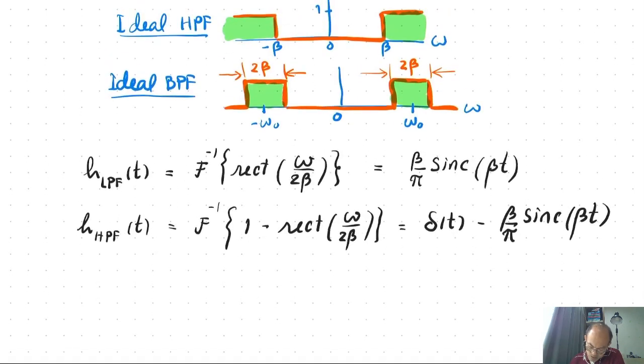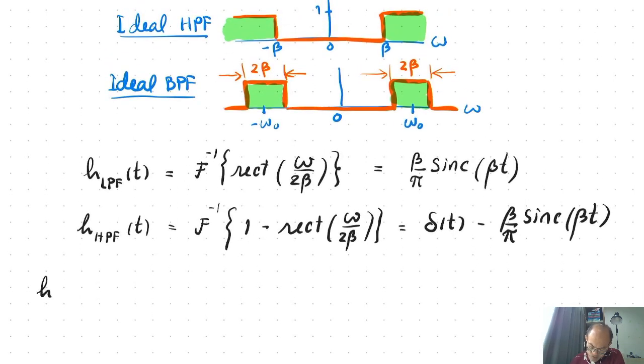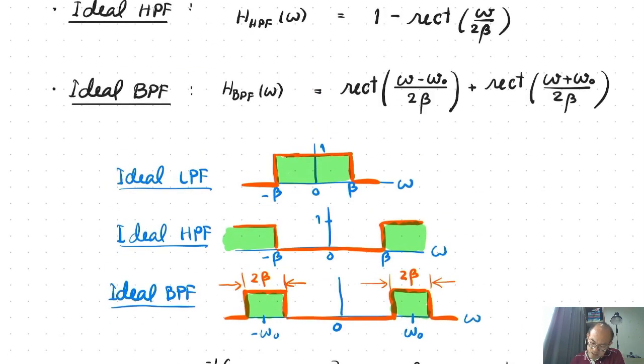And the last one, the impulse response of the ideal bandpass filter, can be determined by taking the inverse Fourier transform of this guy.